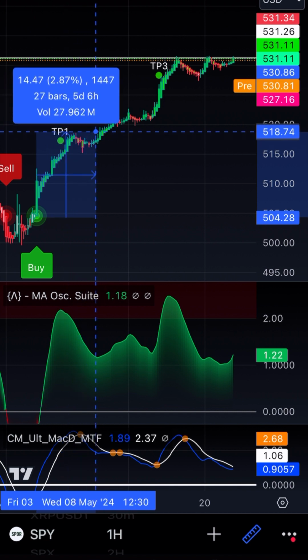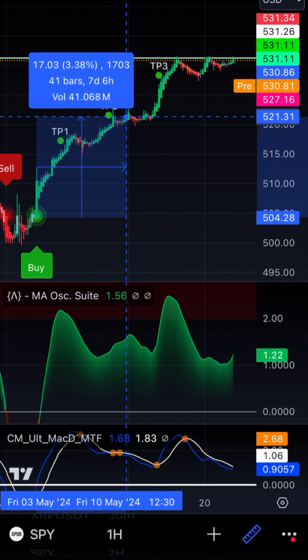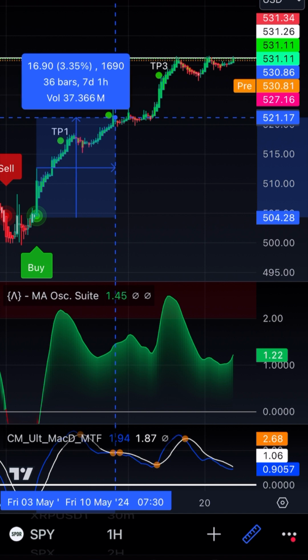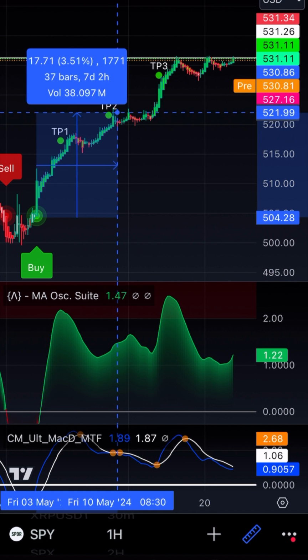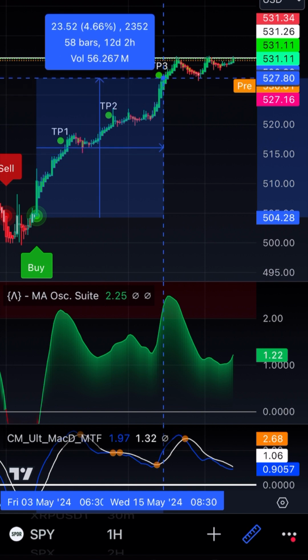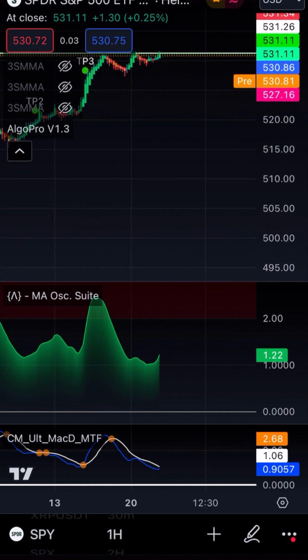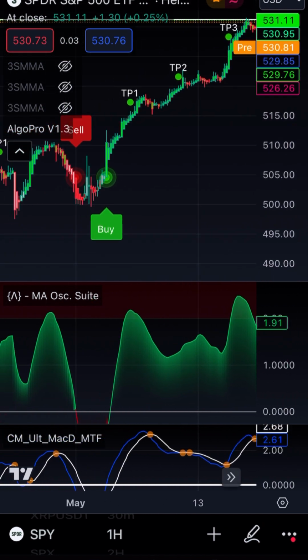If you continue on, there's a second take profit right here, and you would have made $1,690. That was for 7 days. Let's say you continued to the third take profit, which was 12 days, so you would have had to hold your contract for 12 days, but you would have made $2,393. So it worked for that point.